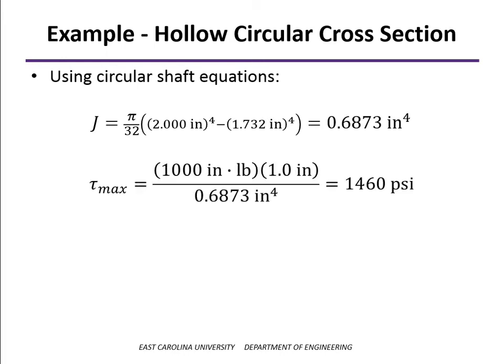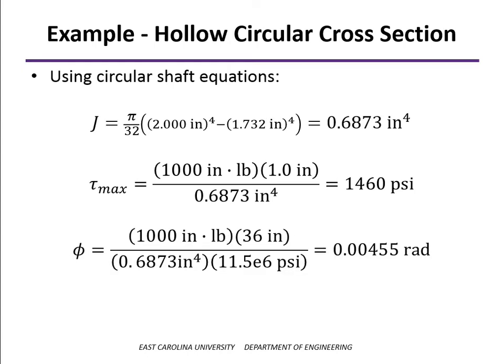And so we come up with a stress of 1460 psi, significantly less than the 5 to 6,000 that we saw earlier. And the angle of twist is greatly reduced from about 2 degrees down to a little over 1/4 of a degree.